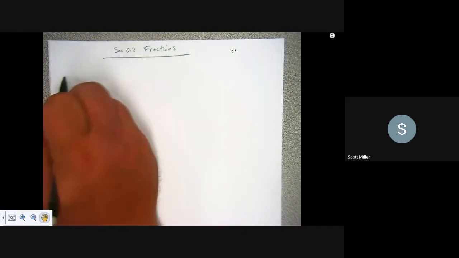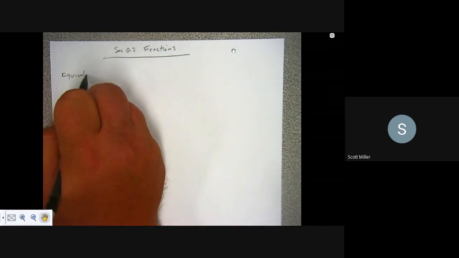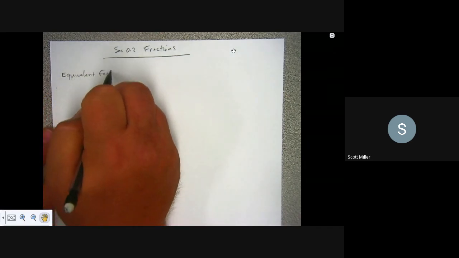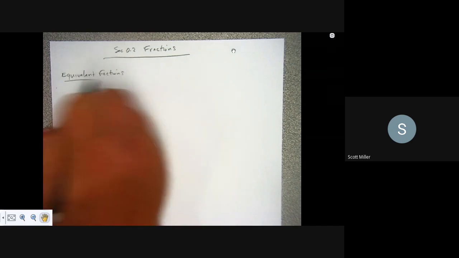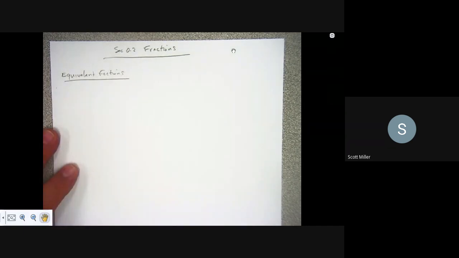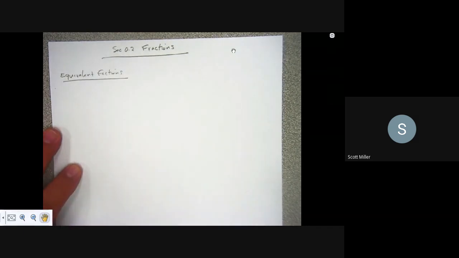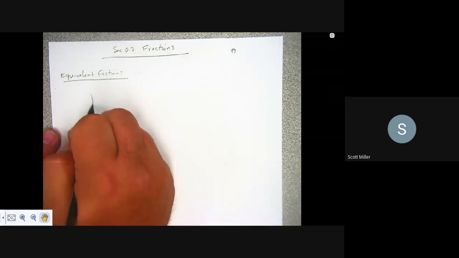Let's start with equivalent fractions. A little model action going on here.